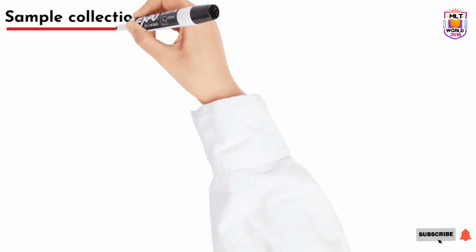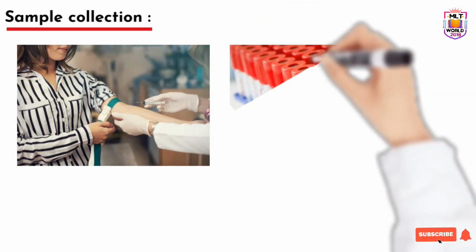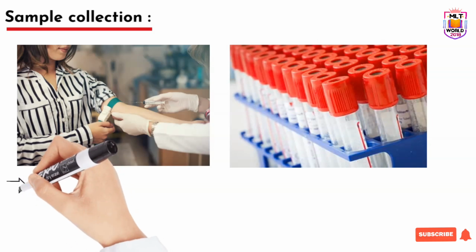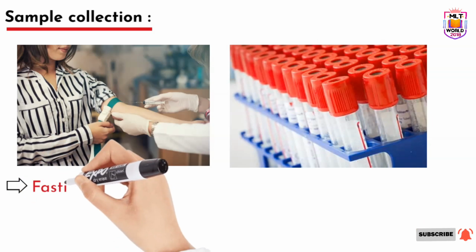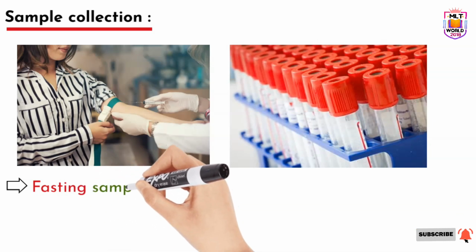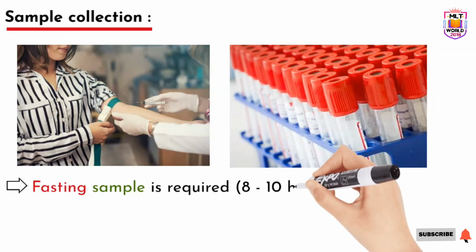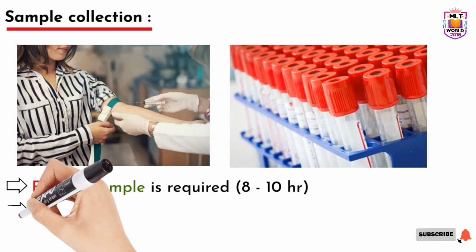So what type of sample is required? First of all, the main important point for sample collection is the patient should be fasting. Must confirm from the patient that at least 8 to 10 hours of fasting is required for the C peptide test. Next, the sample will be collected from the vein of the patient in the clot activator tube. That tube you can see in the diagram.